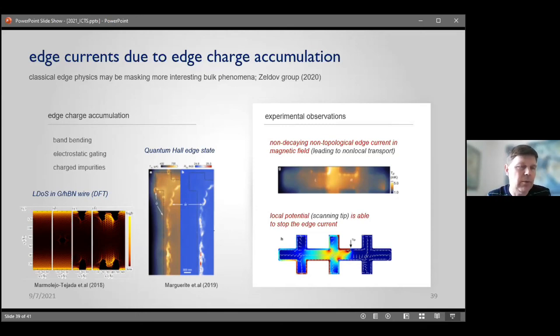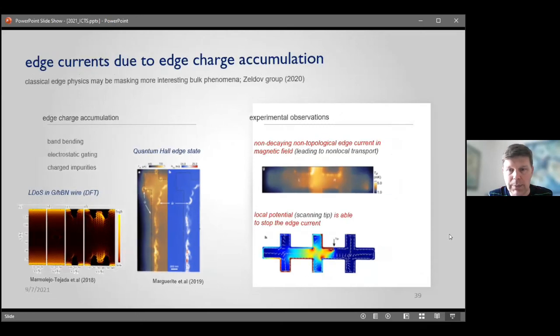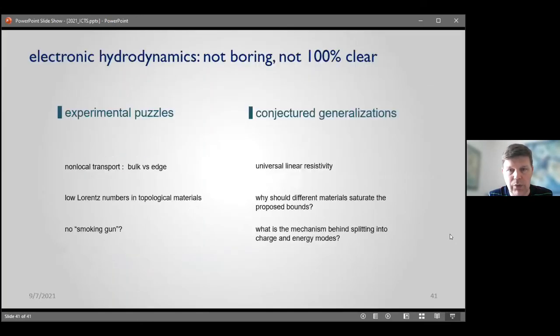And therefore, that gives you another puzzle that needs to be understood and incorporated into this whole picture of dynamic behavior of electrons that otherwise seems to be qualitatively quite consistently describing experiments in the dynamic regime in graphene and others. But then, since my time's up, I'll just give you a conclusion, and maybe there are some questions.